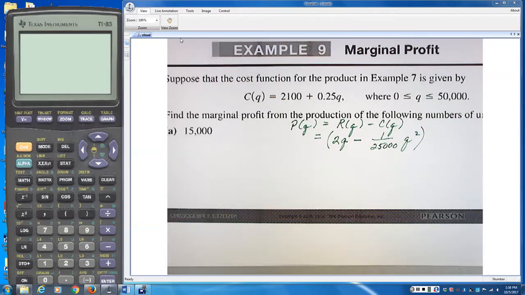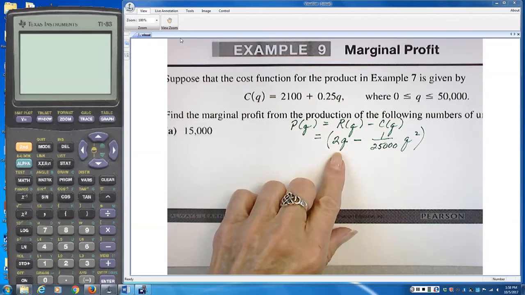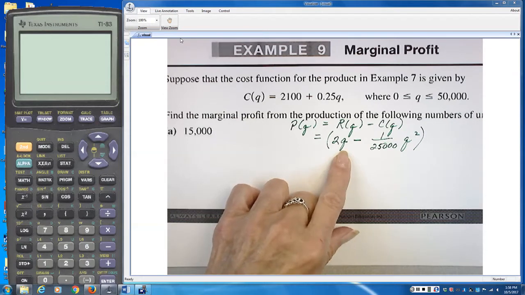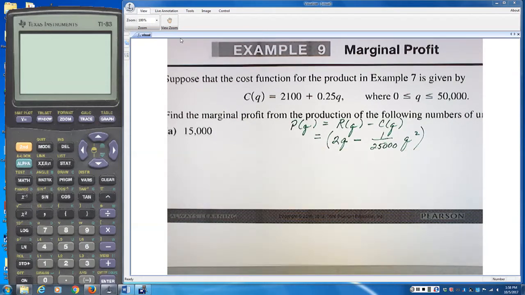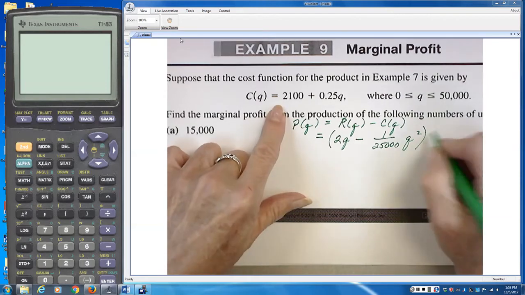Okay? Because we took the price of Q units and multiplied it by the number of units, which was Q, and that's why everything turned out to be Q squared. And then from that we subtract the cost, which is this.